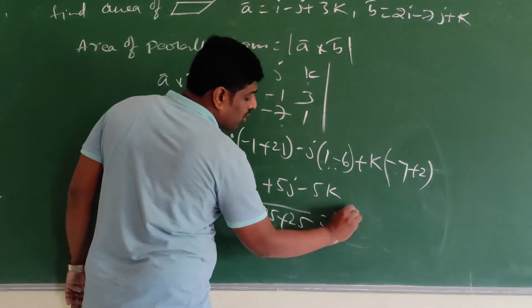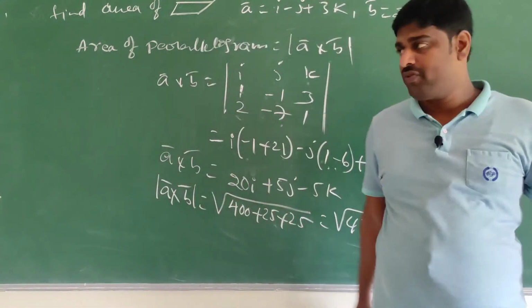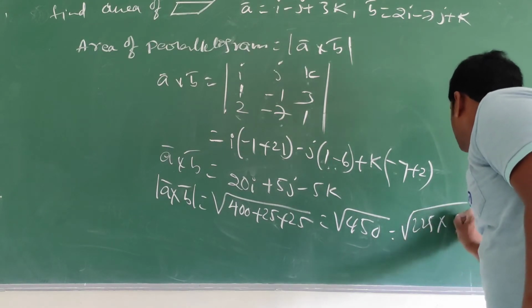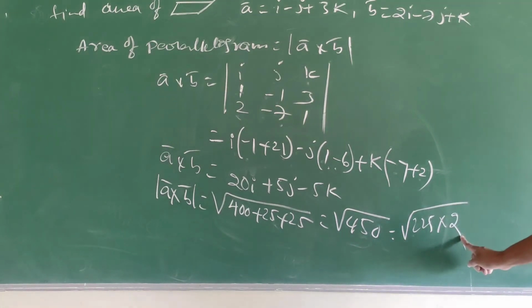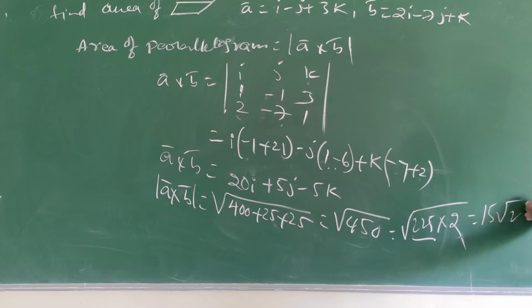That is square root of 450. This square root of 450 can be written as 225 into 2. 225 into 2 is 450. Square root of 225 is 15. So 15 root 2 square units. This is the area of the parallelogram.